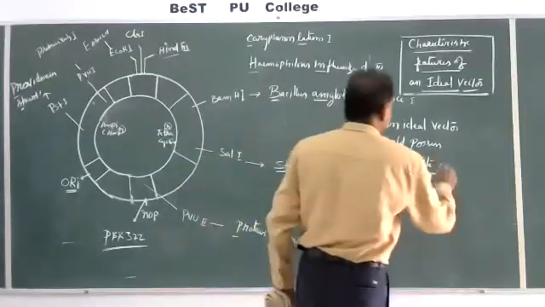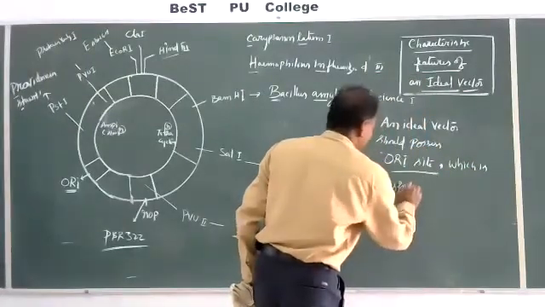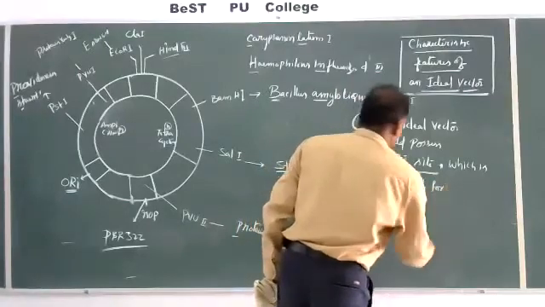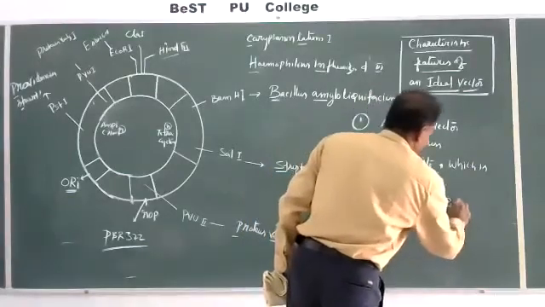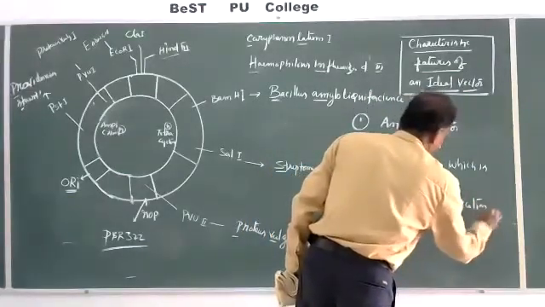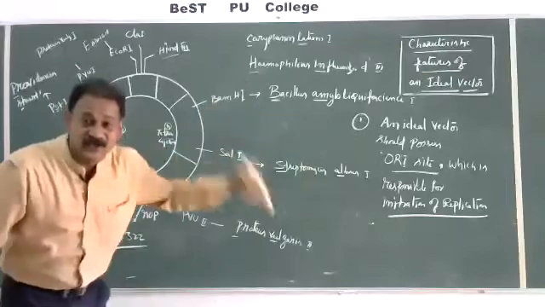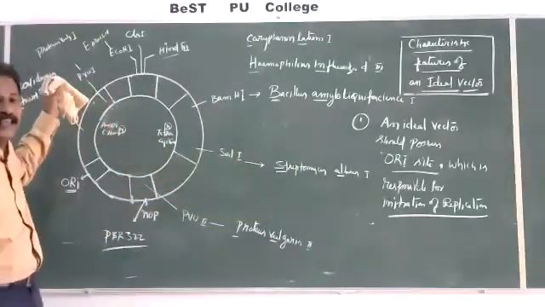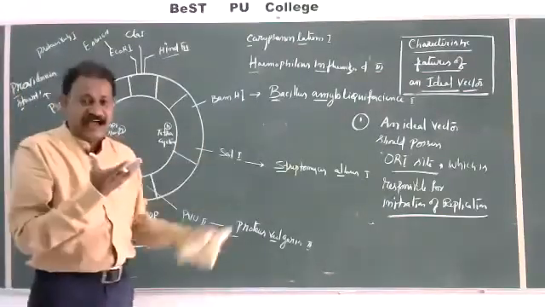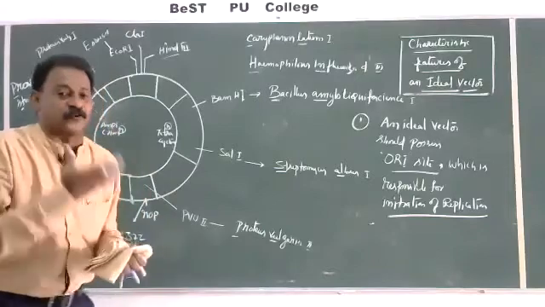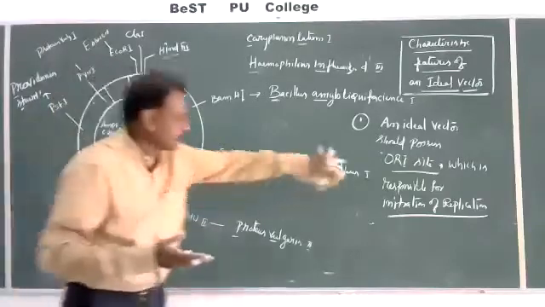An ideal vector should possess an RE site which is responsible for initiation of replication, and the RE site is also responsible for controlling the copy number per cell. So the ability of a vector, whether it develops 10 copies or 20 or 50 or 100 copies or more, is associated with the RE site.